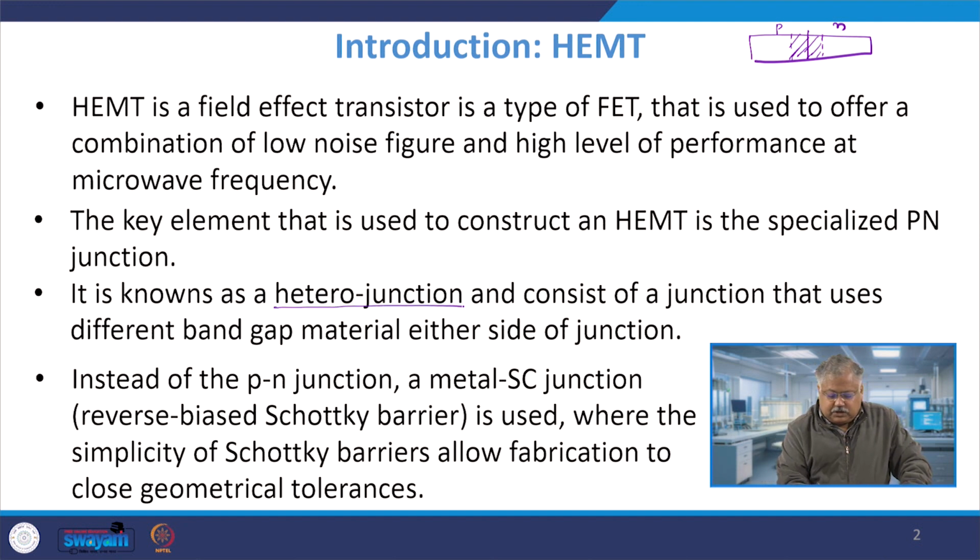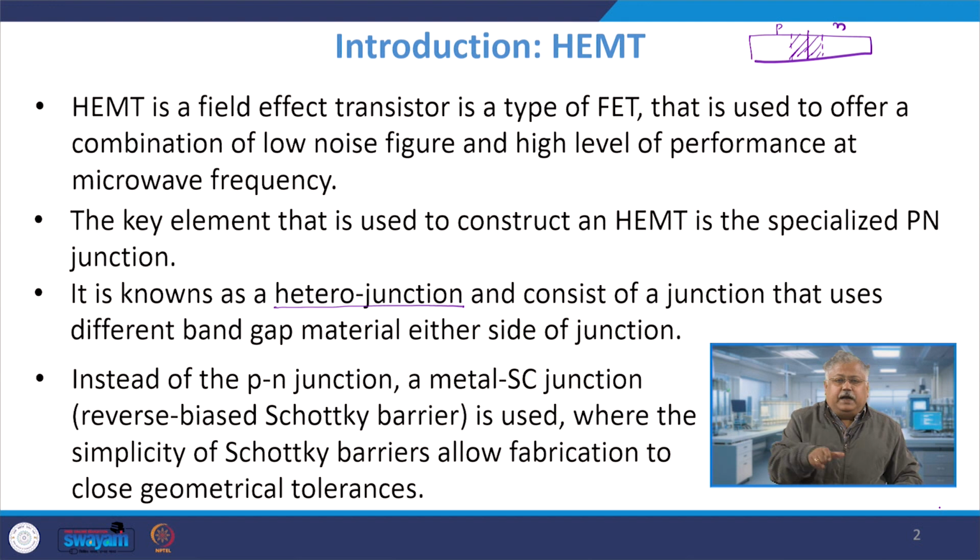This is known as heterostructure junctions, which means that heterojunction basically means two or more than two type of material form a junction at a particular point, and what they do is that they use the very fact that the band gaps are different for different materials.